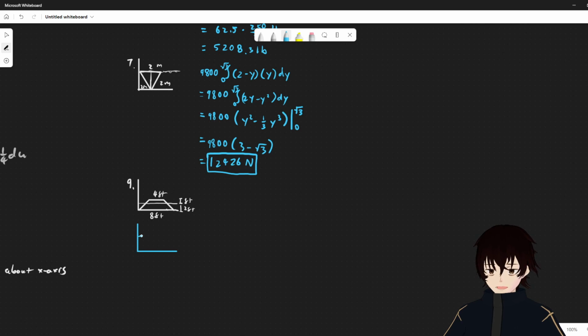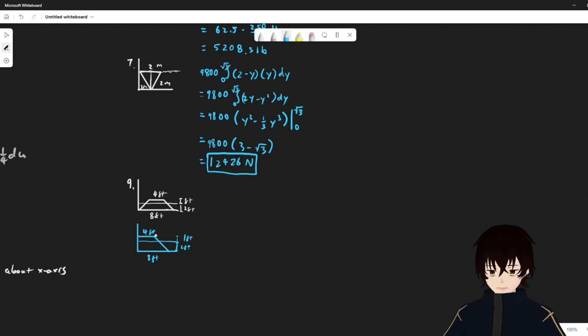But if we simply put it this way, straight line. Beautiful. This is 4 foot. This is 8 foot. And our line's right here. This is 2 foot. This is 1 foot.